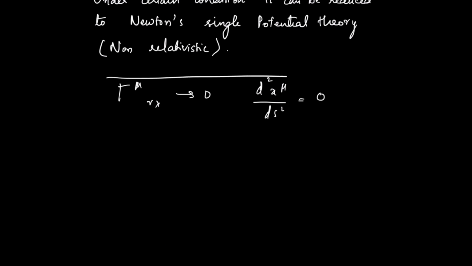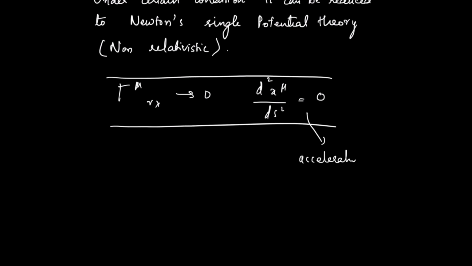So you have to eliminate the gravitational field by choosing a particular coordinate system. Now, if gravity is absent, then you can say that the acceleration is 0, or the velocity is a constant, or uniform velocity.